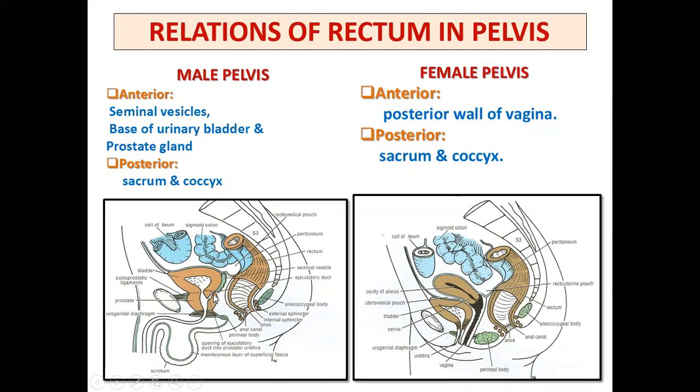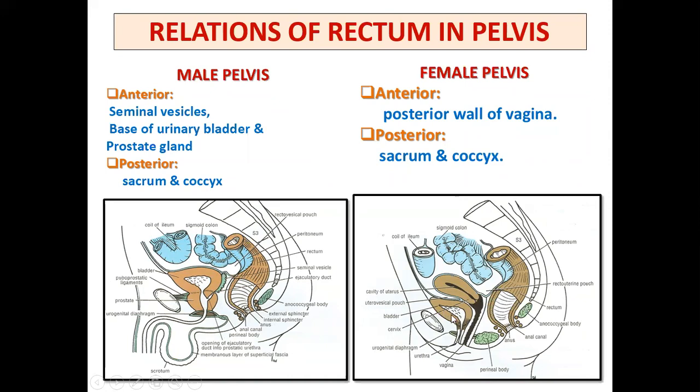But in the female, because we have the uterus and the vagina, the anterior relation of the rectum will be the posterior wall of the vagina instead of the urinary bladder and prostate, which are absent in the female. So the posterior wall of the vagina will be in relation to the anterior wall of the rectum.